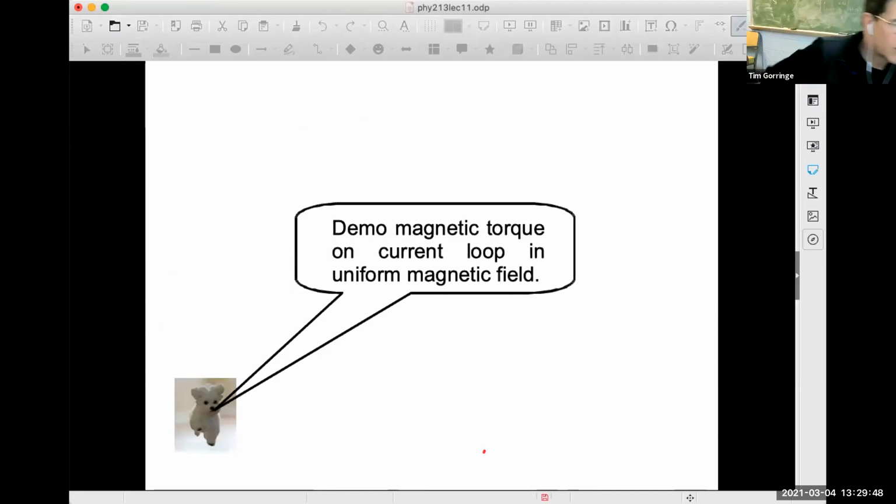Okay, let me demonstrate that. We've just come to the conclusion that if you put a current loop in a magnetic field, you're going to get a torque on the loop that's going to rotate it. Let's see if we can demonstrate that.